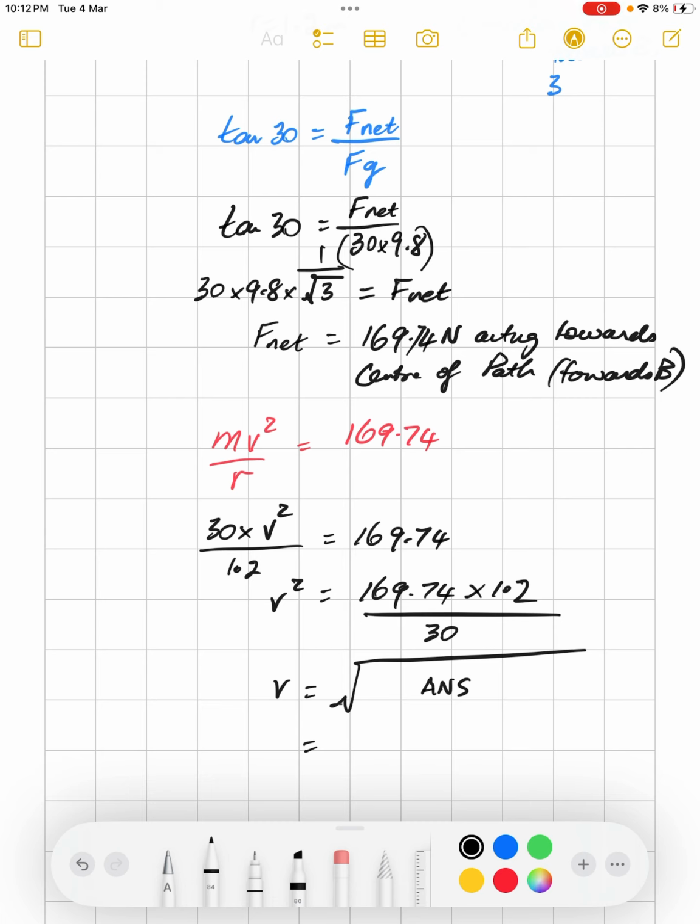Square root of 169.74 times 1.2 divided by 30. And we've got approximately 2.6057 meters per second. And let's just make that approximately 2.6 meters per second to 1 decimal place.